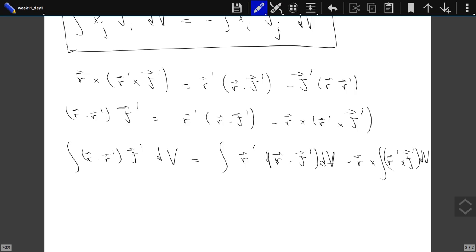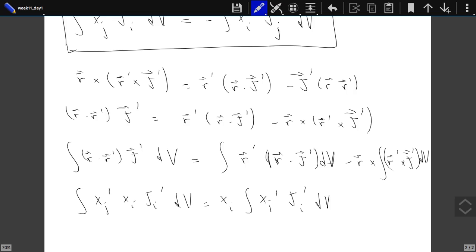Well, the last term has the form that we are actually looking for, so we have to do something about the first integral. Now let me look at the j component of the first integral. The j component of the first integral is x_j prime x_i j_i prime dv. Well, x_i I can just take out. What remains is x_j prime j_i prime dv.